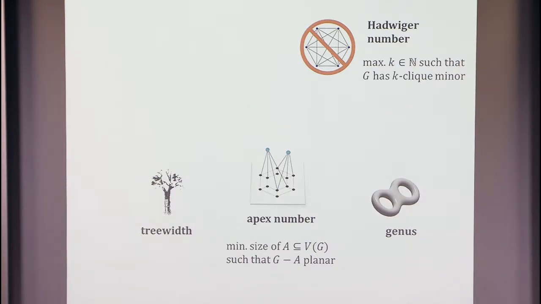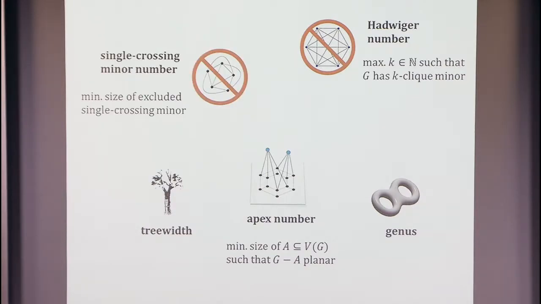There are nice structural properties of graphs excluding fixed minors, and maybe they could be used for counting perfect matchings as well. Then there's a related number, which could be called the single crossing Hadwiger number or the single crossing minor number. This would just be the minimum size of an excluded single crossing minor.